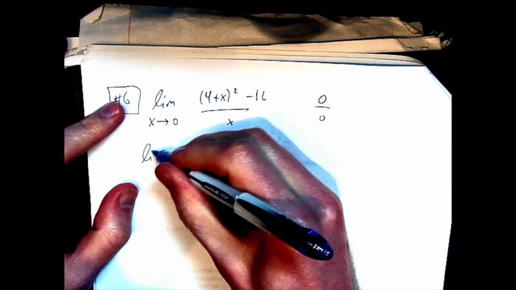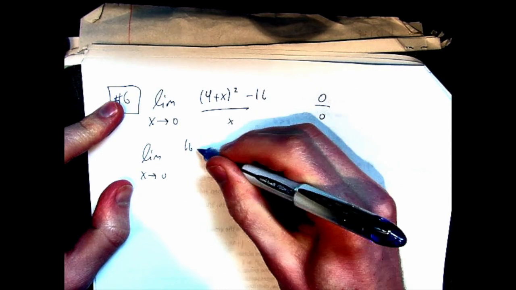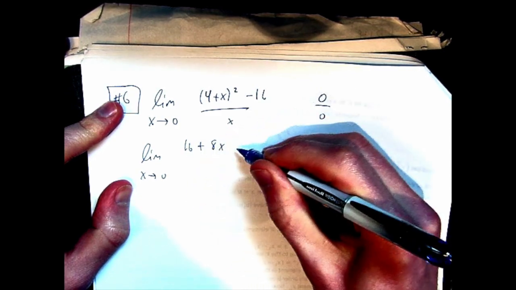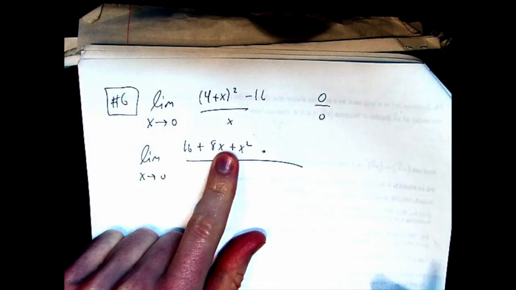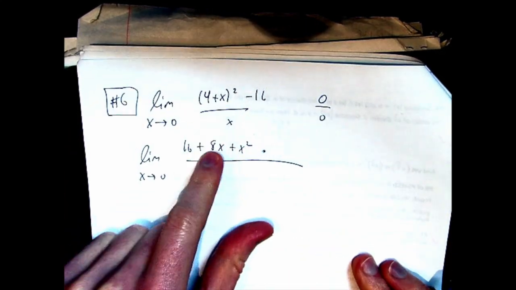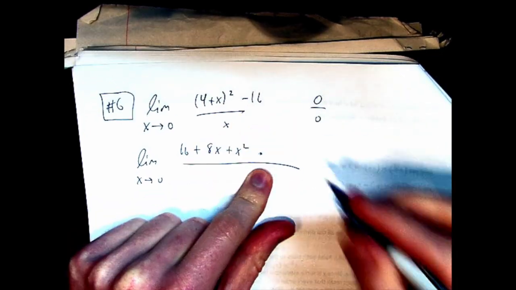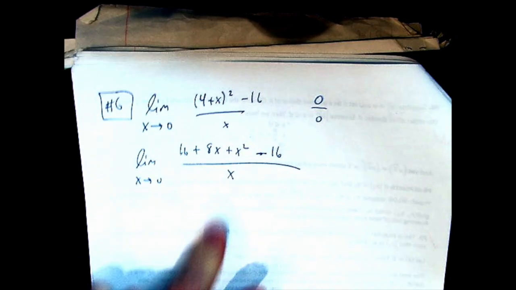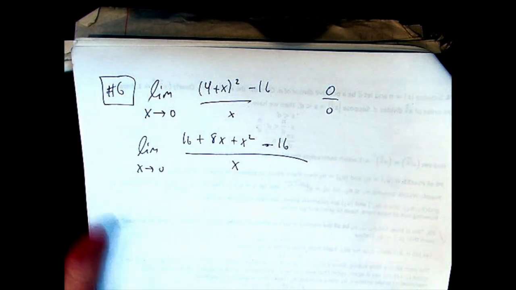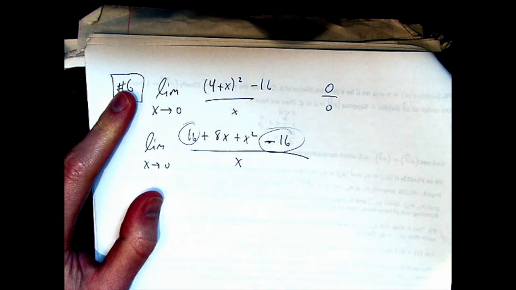So let's try that. 4 squared is 16, plus 8x plus x squared. So these three terms are what you get if you multiply this out and collect like terms. And then I've still got that minus 16 as well, all over x. Now at first this kind of looks bad until you recognize that this 16 is going to cancel with that 16.